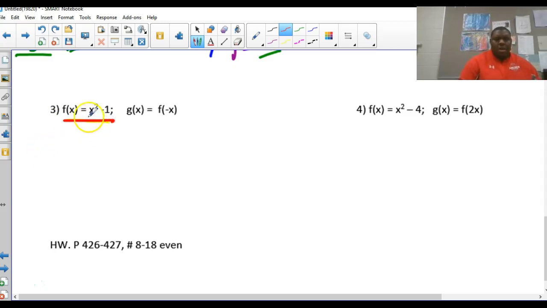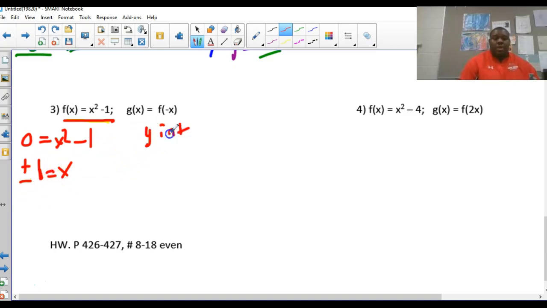All right. So for the x-intercept, remember you make y 0. And when you solve that, you add 1. And then take the square root. So x equals plus or minus 1. And that's the x-intercept.